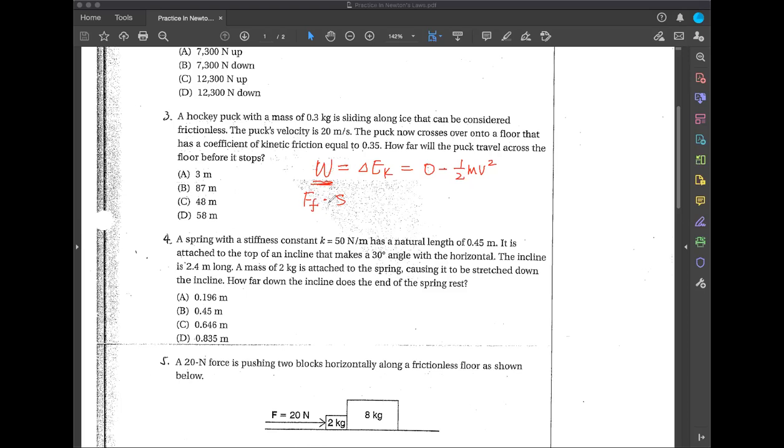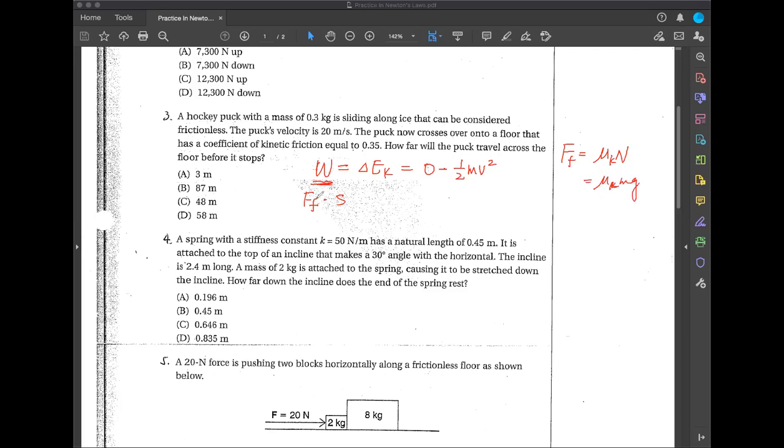So the frictional force is equal to mu k N, right? And N is mg, so it's mu k mg.